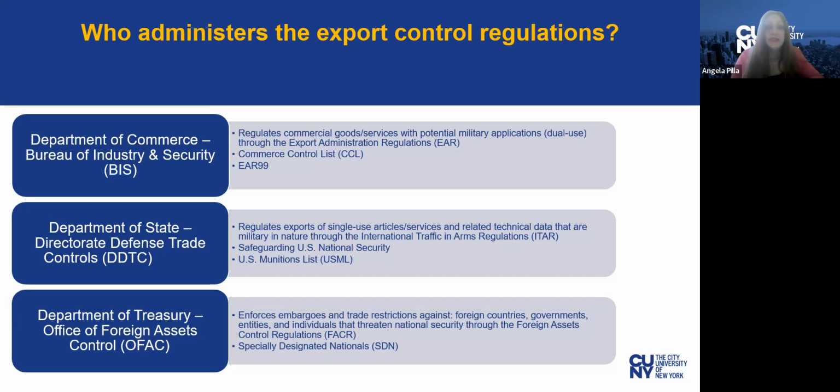They also have their own list, the Specially Designated Nationals list, that includes people like Vladimir Putin and Russian oligarchs, all the way from drug traffickers to people who violate human rights and things of that nature. It's a broad list of individuals and entities, and all of these lists constantly change. They remove people, they add people. So as you can see, export controls is a very complicated space.